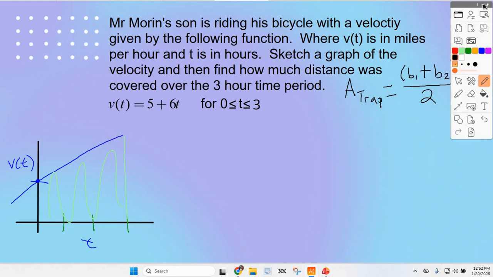So, with that in mind, and because our distance is going to equal our area, we want to plug into this formula. What is the length of my base 1? 5. Okay. What is the length of our base 2?